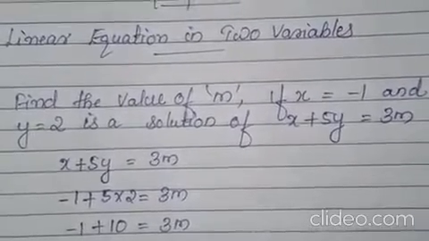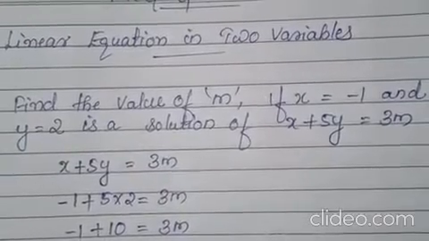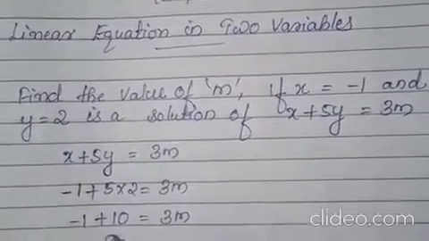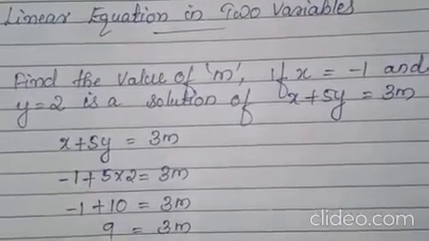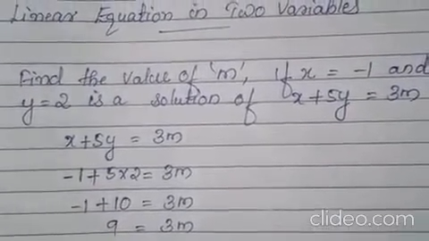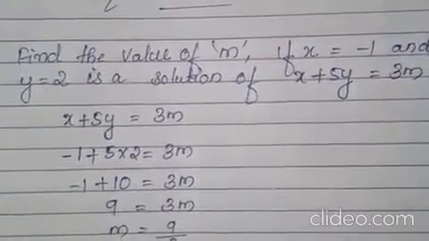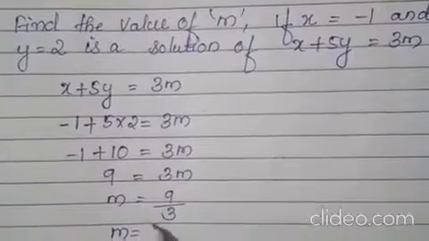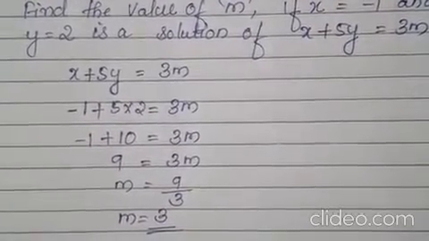One negative and one positive on addition, we will subtract and put the bigger number's sign. So 9 equals 3m. Then we find the value of m: m equals 9 divided by 3, so m equals 3. This is the value of m. Understood?